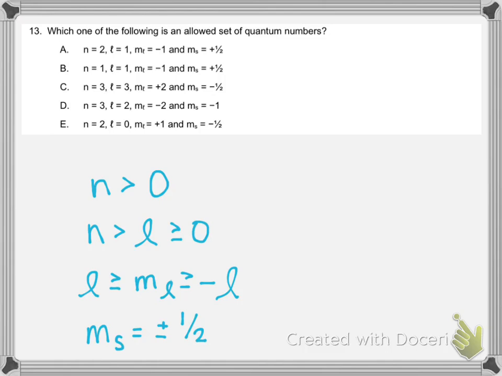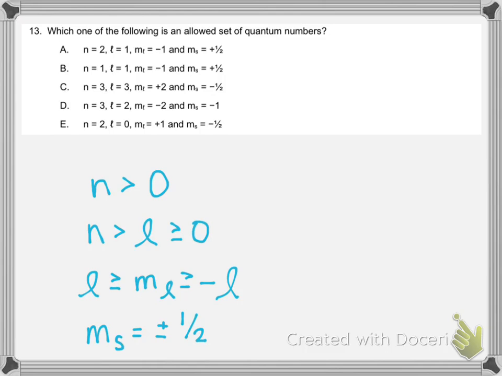Here in number 13, we're picking out which is an allowed set of quantum numbers. And so here I've just written out the rules for what values different quantum numbers can have. So n has to be greater than 0, L has to be less than n, and then it can go down to 0, and then m sub L is on the range from L to negative L, and then m sub S has to be plus or minus 1/2.